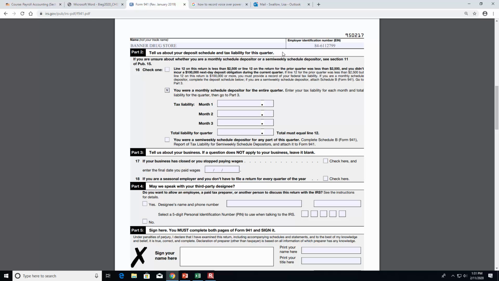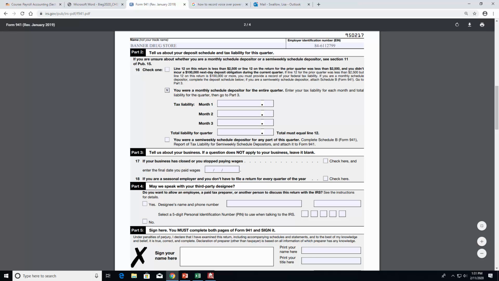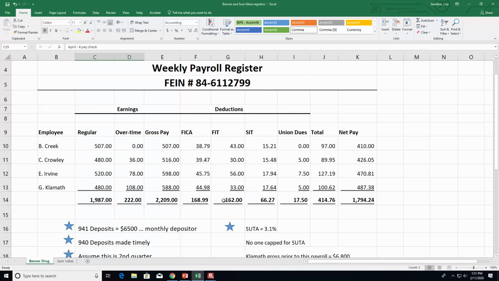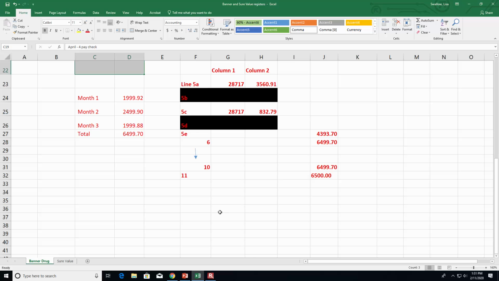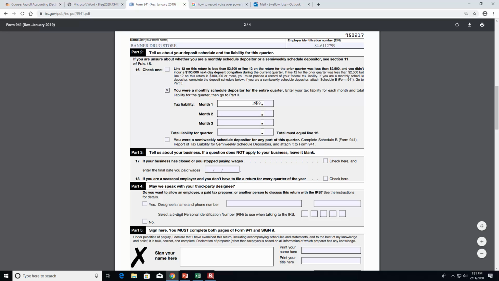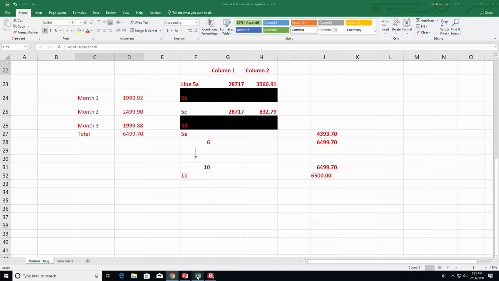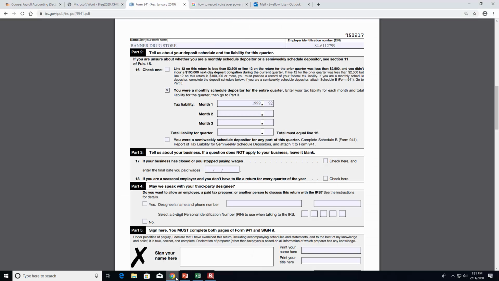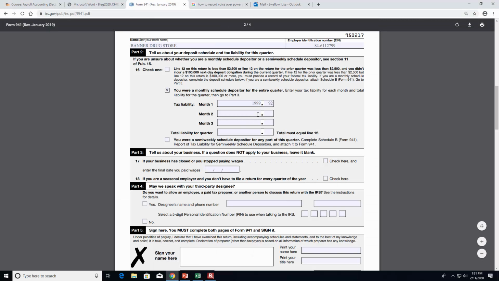Uh-oh, what happens if it's off by 4 cents? It says it has to balance to line 12. So what are these numbers? 1999.92. $24.99.90.